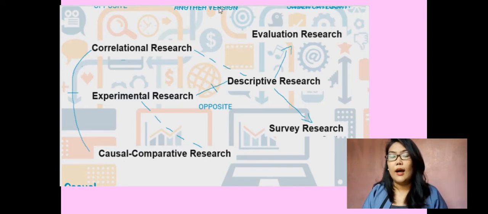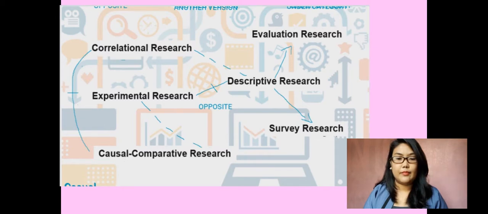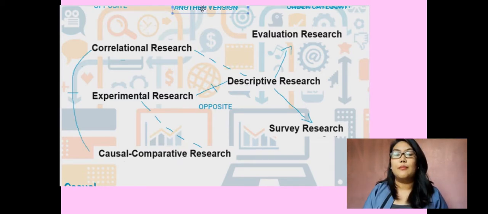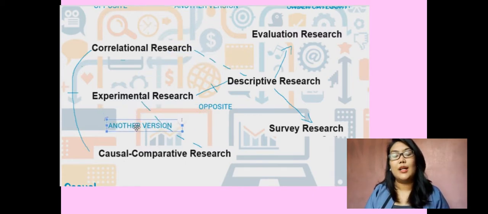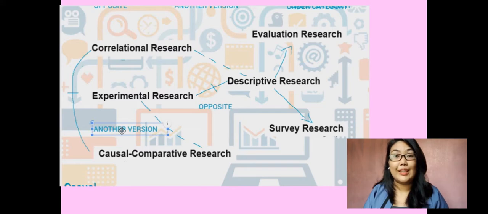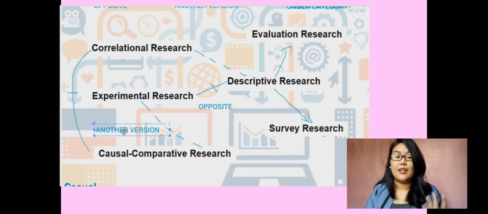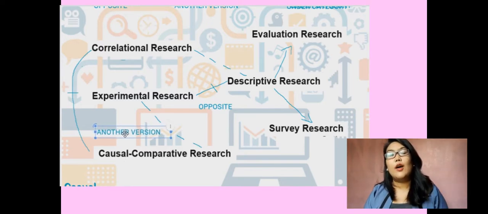Next, we have here broken lines. Here, the experimental and the causal comparative research. What do we mean by that? We could say that experimental and causal comparative are relatable as another version of each other. Why?